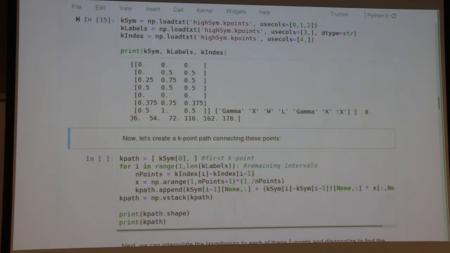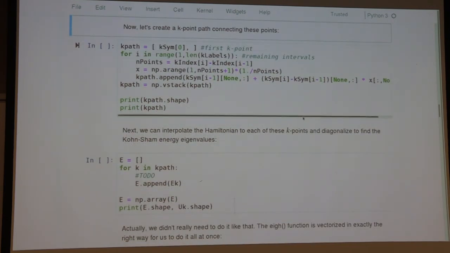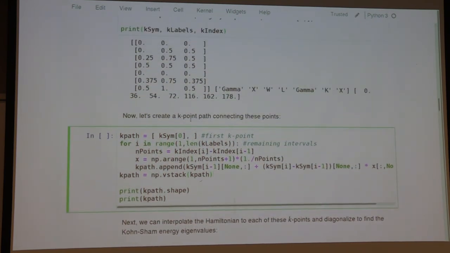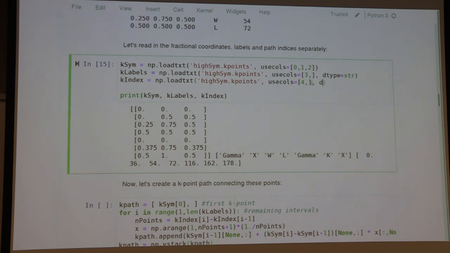All right. Now, this code is not particularly insightful, so I just have it here. I didn't fill it in from scratch. All I'm doing here is starting from this list of K points and creating a path which connects each K point to the next one in the interval with the number specified here. Oops, I need to also specify the type here to make sure that it's an integer.